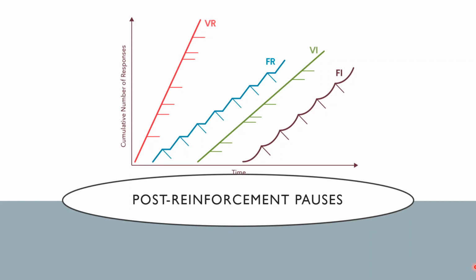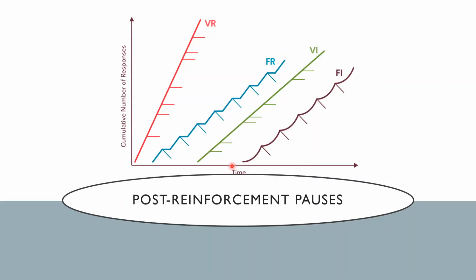The last thing I want to focus on in this video is the post-reinforcement pause that I've mentioned across these different schedules. What you'll notice here is a visual depiction of how steep or how big the drop off in behavior performance is.